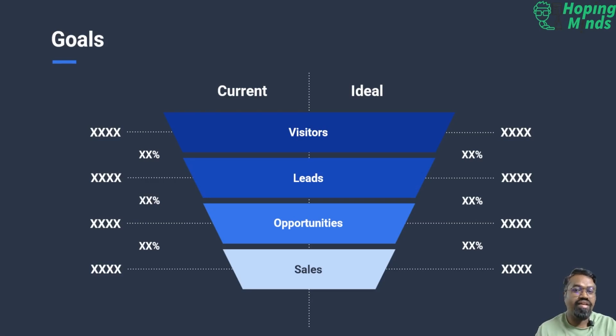So accordingly, we need to mention the ideal number of visitors to make sure that they are generating their ideal sales number, right? So accordingly, we need to write all the details over here.